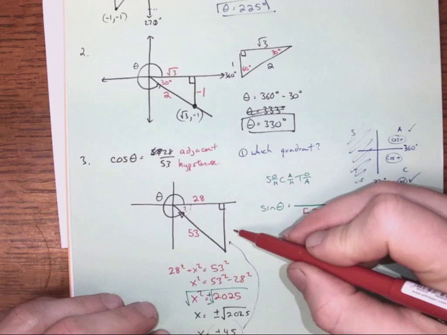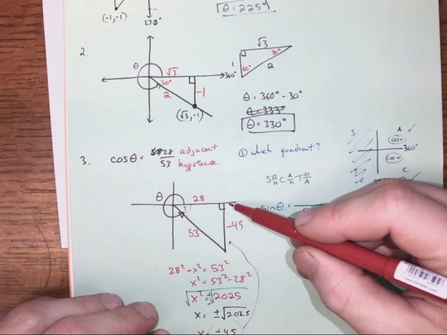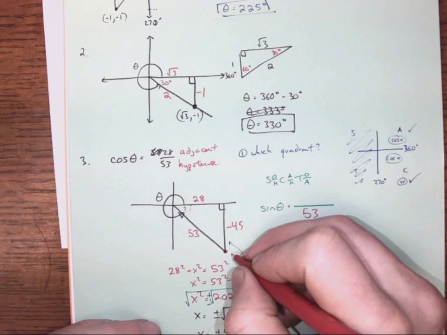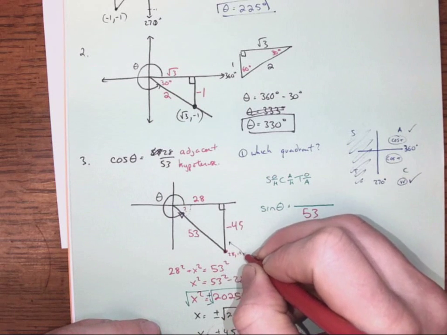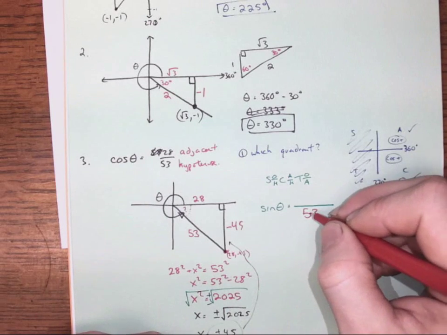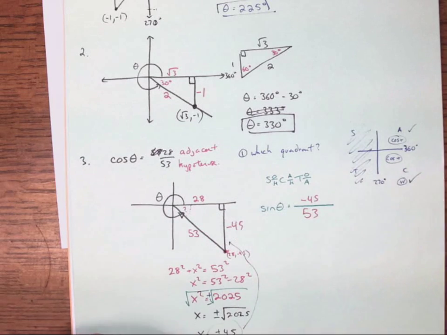So we're going to put negative 45. It's negative because it's going below the x-axis. And then, of course, this point here, that coordinate would be the point 28, negative 45. All right, so that means our hypotenuse is 53, but our opposite is negative 45.